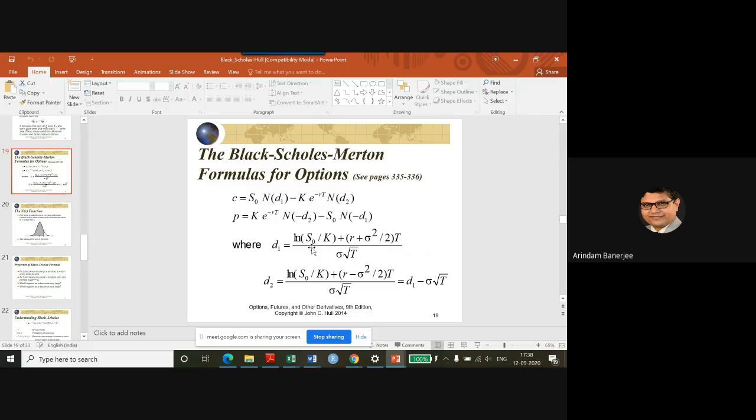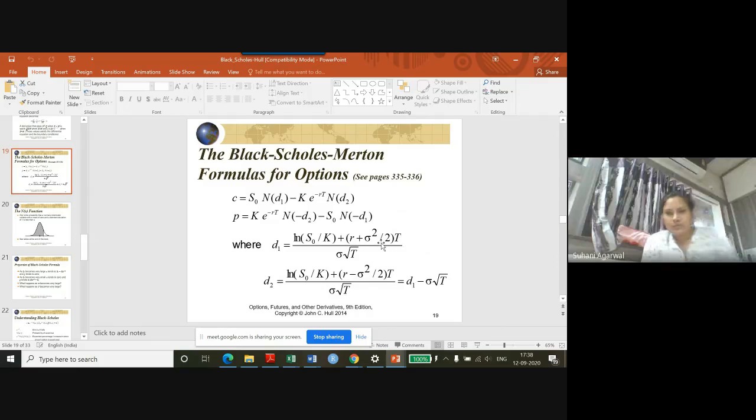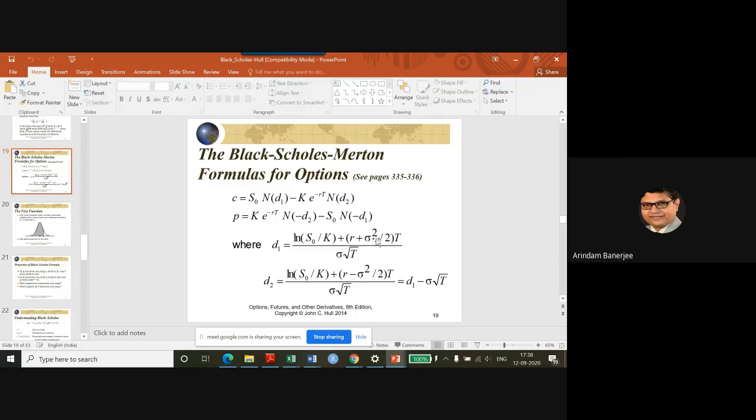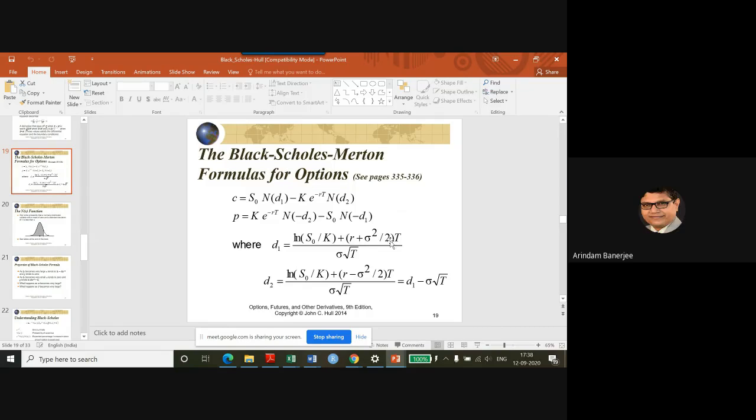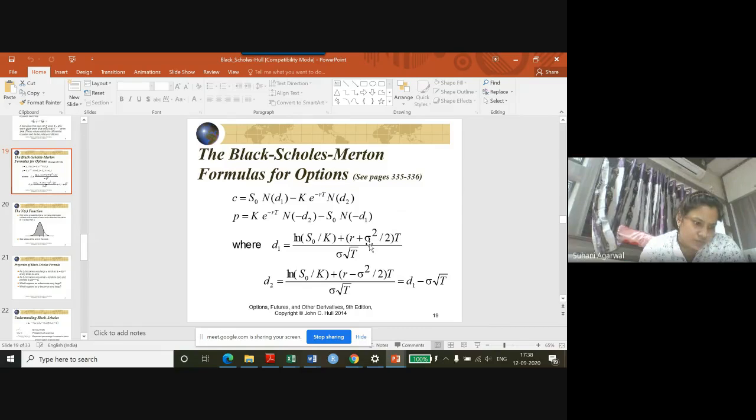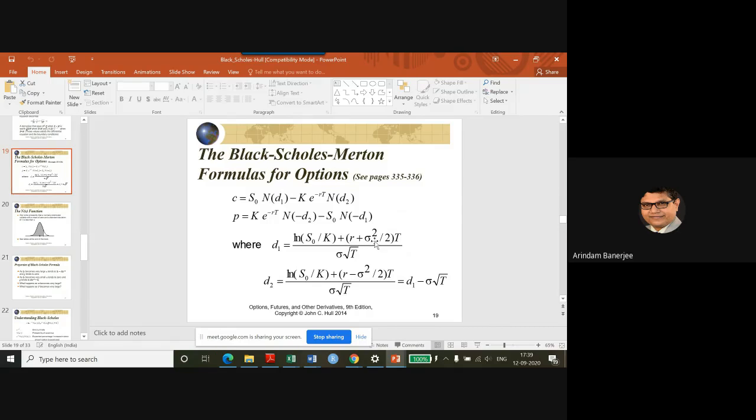For S naught, K, R and T the power is 1. That means volatility has a huge impact on the value of the option, and it is in the numerator. So if volatility increases, the value of the call will increase.